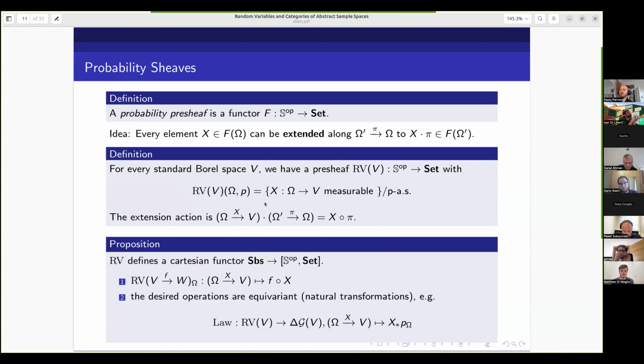And the extension action is just composition. So that's a very natural definition. It's almost like a representable pre-sheaf here. And we can write all these operations that we want to do with random variables, so post-composition with functions, or taking their law, and we'll see that they will be natural transformations, so equivariant with respect to this enlarging of sample space.